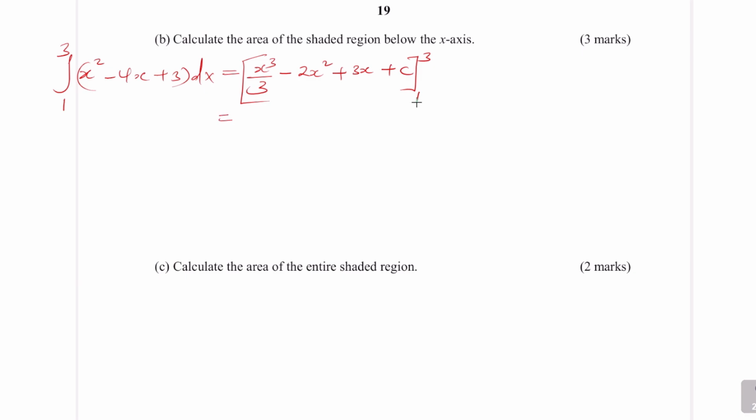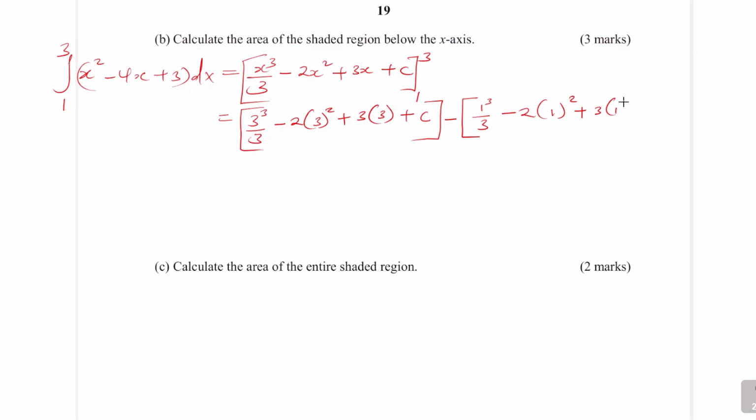We substitute 3 where there is x. So we have 3 cubed divided by 3, subtract 2 times 3 squared, plus 3 times 3, plus the constant. And then we substitute 1 where we have x. We have 1 cubed divided by 3 minus 2 times 1 squared plus 3 times 1, plus the constant.